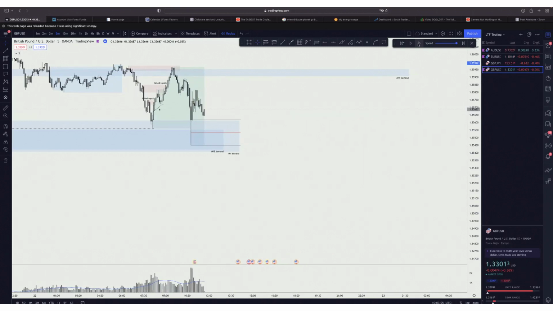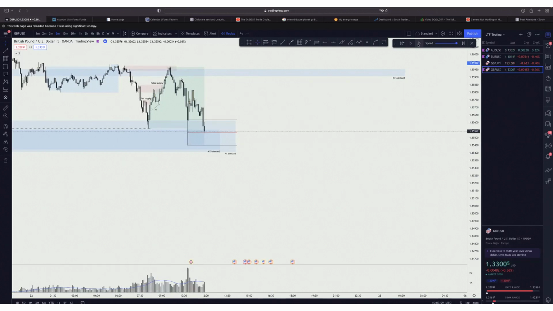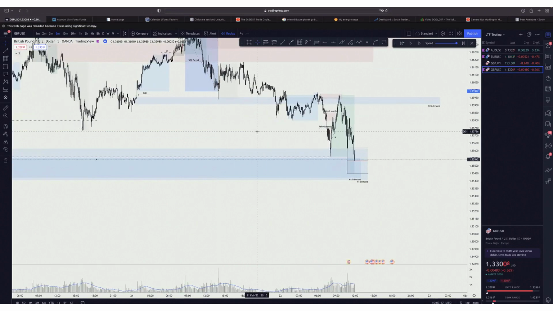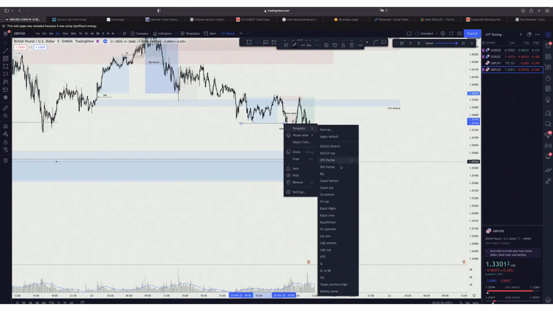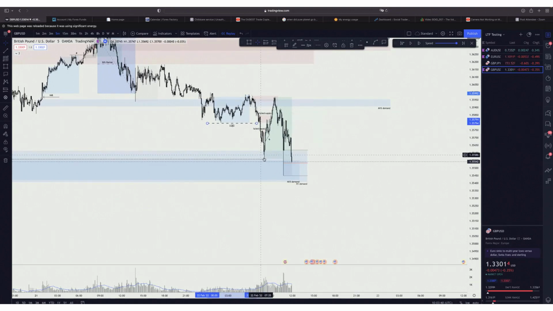Right, so at this area, I'd be looking for reduced volume. We do have some corrective price action from here. There might have been a couple of liquidity grabs here, maybe potentially here, and then we've done another one.